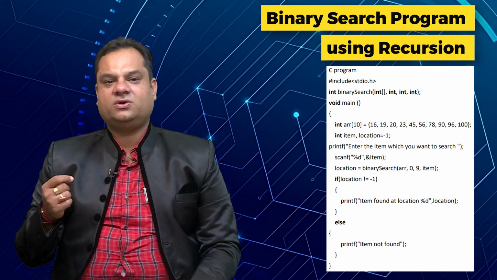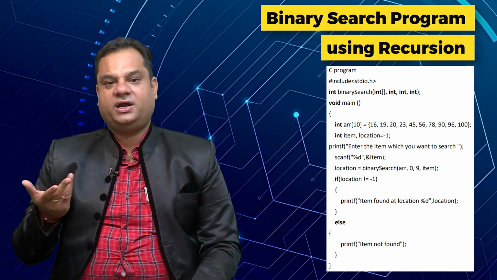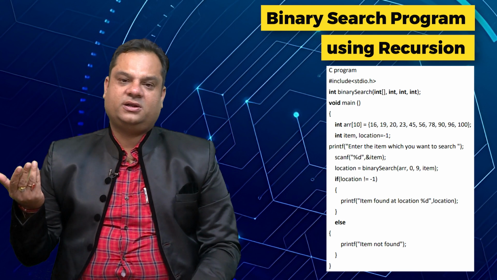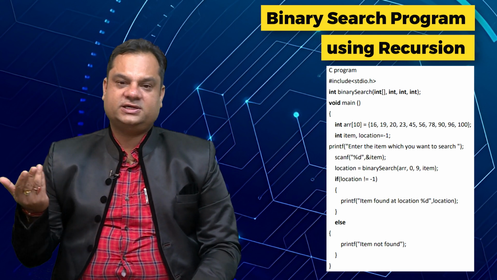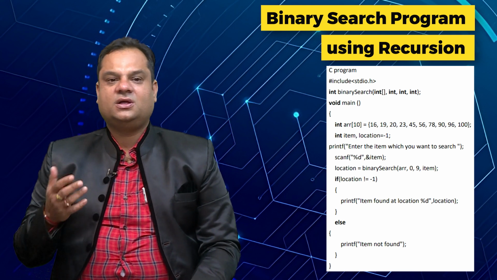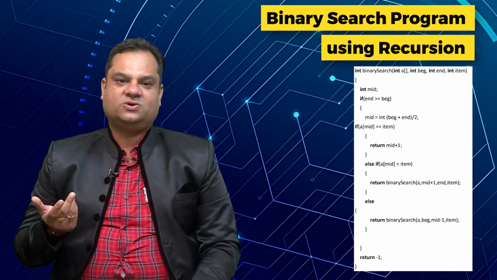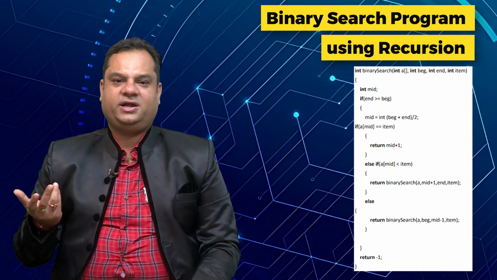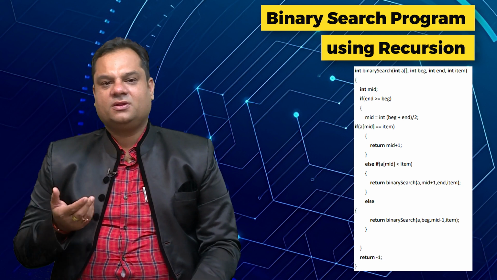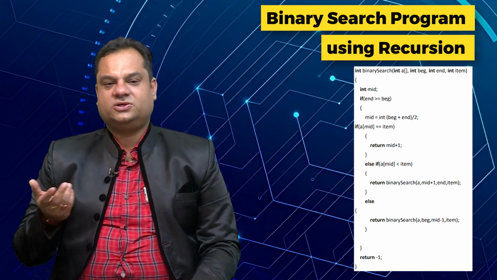If location is not equal to minus 1, printf item found at location and display the index of the list where the item is available with the help of %d for the location. Else, item not found. Now the binary search function takes int a, beginning, end and int item. If end is greater than or equal to beginning, start this structure.